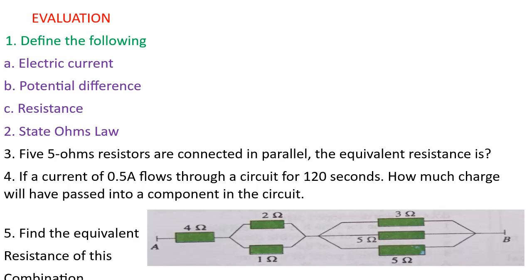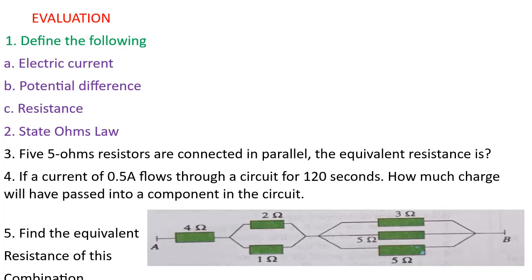If a current of 0.5 ampere flows through a circuit for 120 seconds, how much charge will have passed into a component in the circuit? I repeat. If a current of 0.5 ampere flows through a circuit for 120 seconds, how much charge will have passed into a component in the circuit?